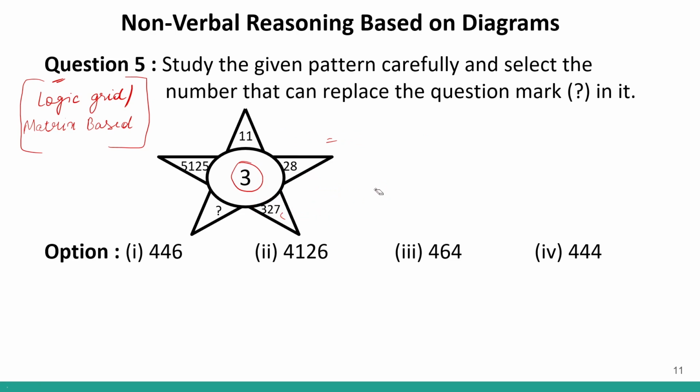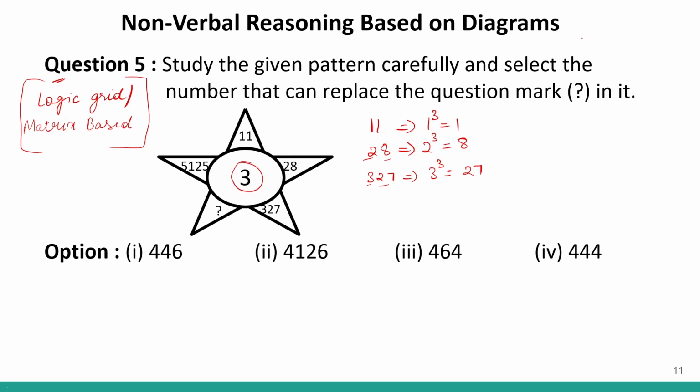Now, if I look at these numbers separately, if I look at 11, I can see that 1 cube equals 1. So 1 and 1 are written together. Similarly, if I look at 28, I can see that 2 cube is equal to 8. So 2 and 8 are written together side by side. Similarly, if I look at 327, I know that 3 cube is equal to 27 and 3 and 27 are written side by side.